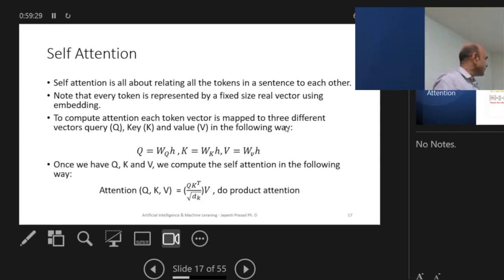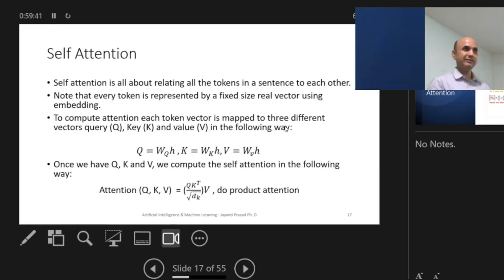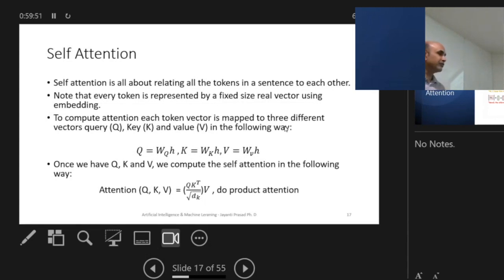Now come to how we do that. For every encoder token, when it goes into the encoder, it has a memory state H. For every word, we have an H, correct? So that H, we can map to three vectors Q, K, and V, query, key, and value, by multiplying it with three different matrices of appropriate size.